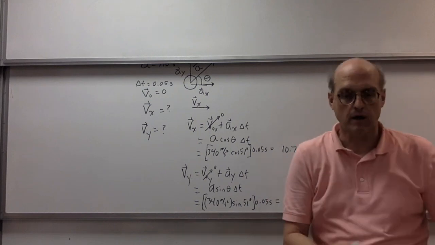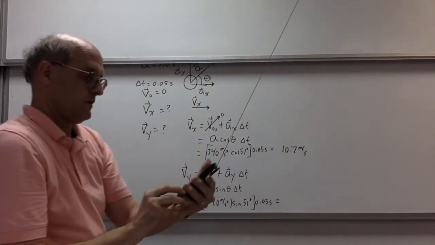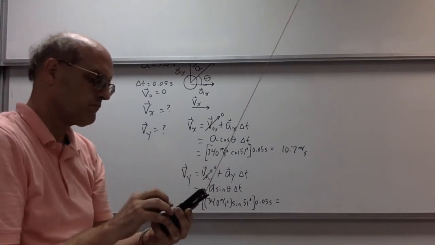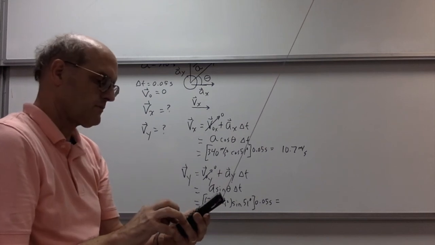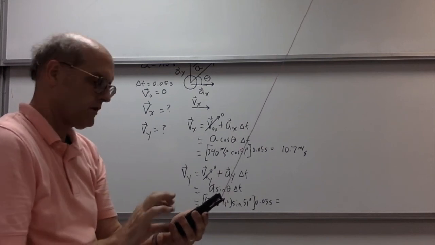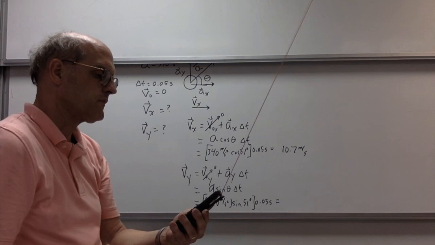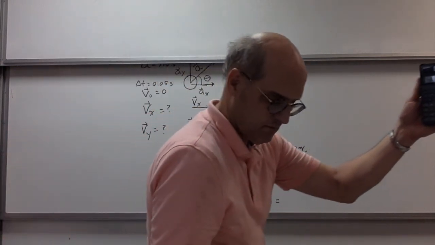And for Vy, sine of 51 times 340 times 0.05, I get 13.2 meters per second.